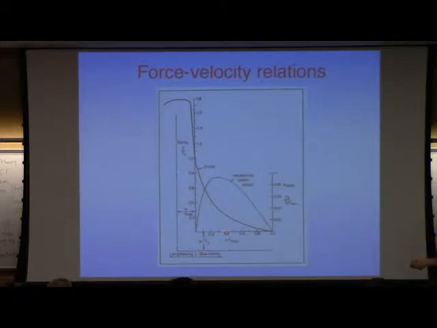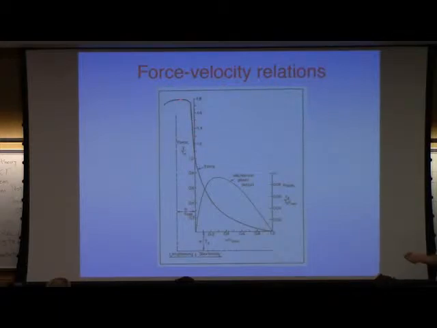Now, as it turns out with muscle, you can go to negative velocities. Here's where you're lengthening the muscle. So if I'm pushing with maximum force, and now I push a little more, it starts going the other way, you're lengthening, and force goes up. And then at some point, something happens and the whole thing breaks down. You either damage the muscle or you're pulling apart the cross bridges.